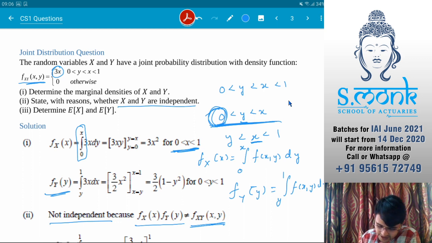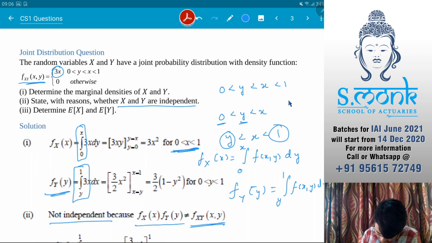Is it clear? Same thing when you have substituted all values of x, where x was going from y to 1. Now you have the distribution of y. The minimum value of y is 0. What would be the maximum value? The maximum value is x, right? But because we have substituted all values of x, the maximum value of y would now be the maximum value of x, that is 1.